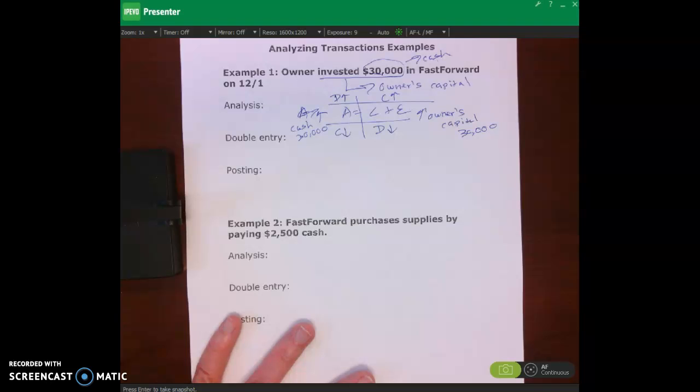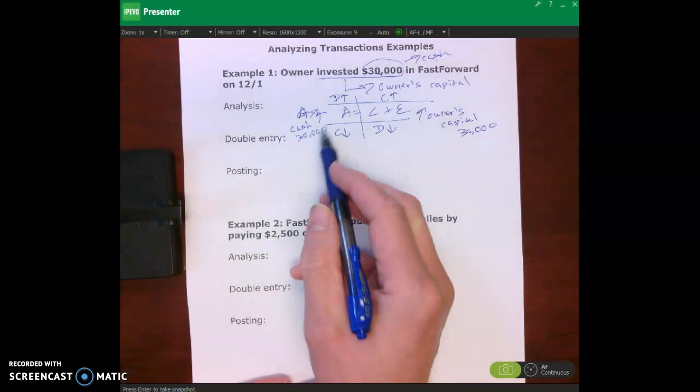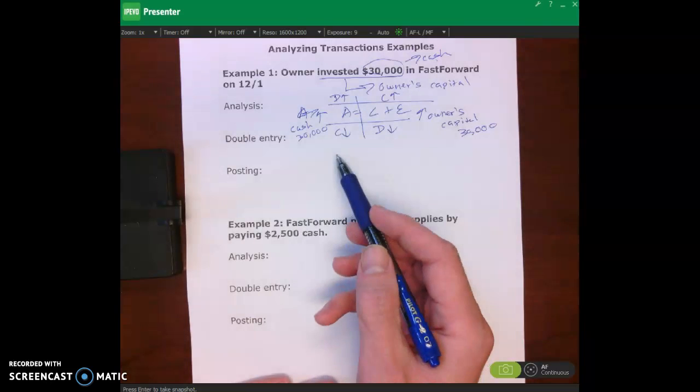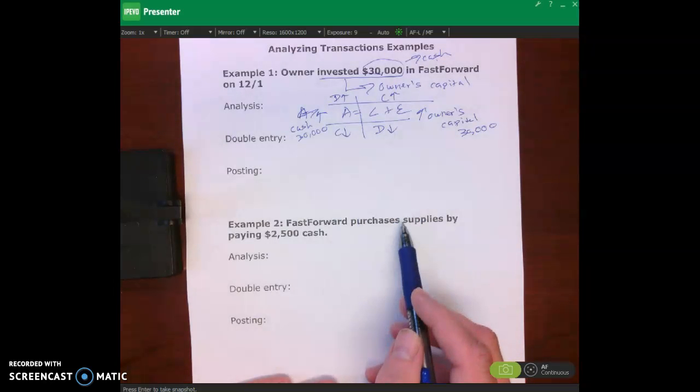All right. So now I can translate that into a journal entry. That's where I have to do my debits and credits. Now, when I write out my journal entry, there is a convention. I write out my debits first and list them down, all my debits, and then I indent and list my credits.